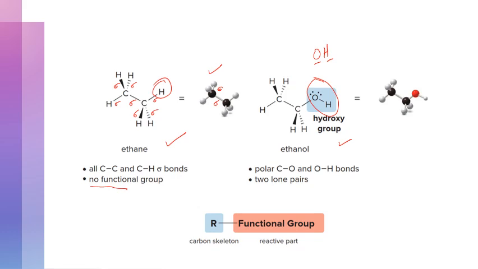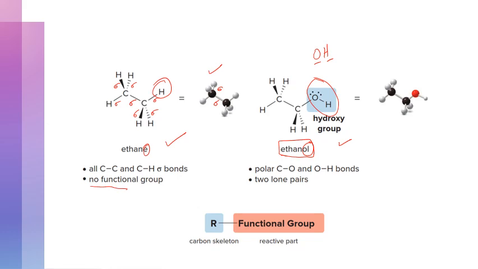It determines the properties of this compound, and the name is also different. If the hydroxy group is attached, we end the name with -ol instead of -e. So the name is changed, the compound is changed, the property is changed, the geometry is also changed. The hydroxy group makes the properties very different from ethane.